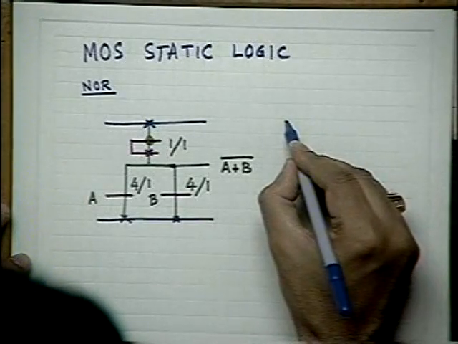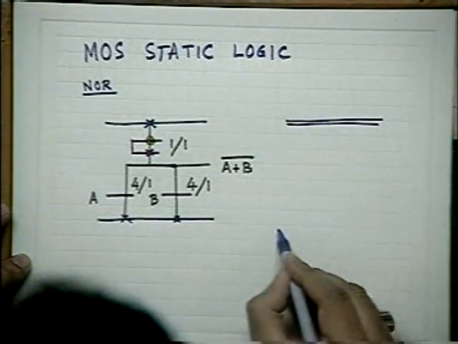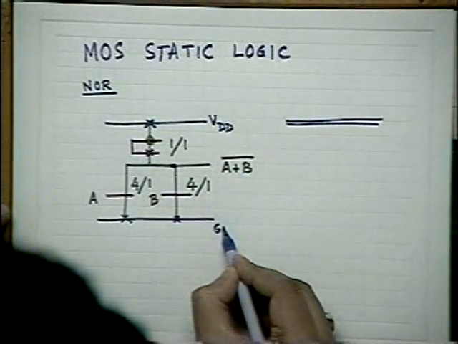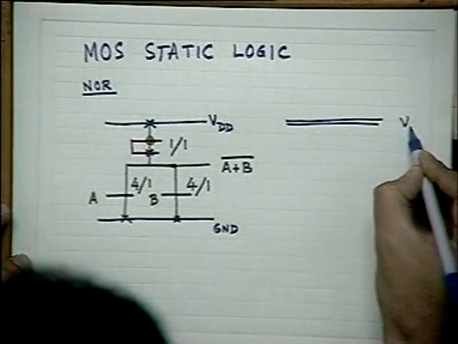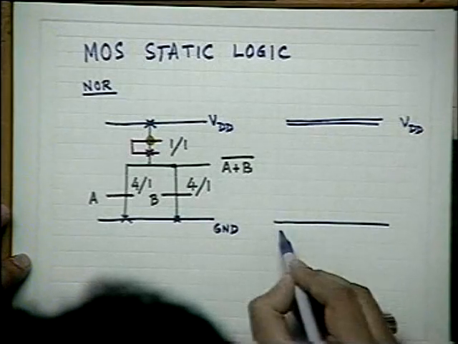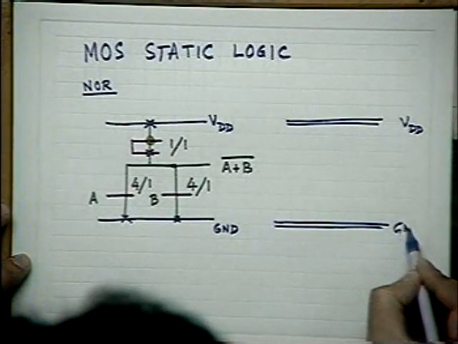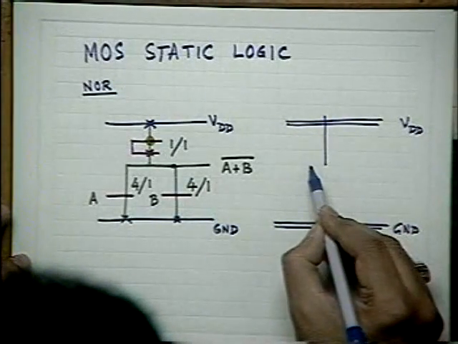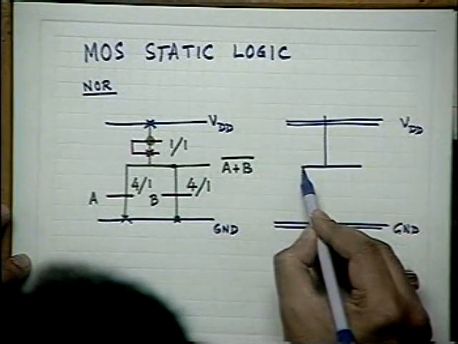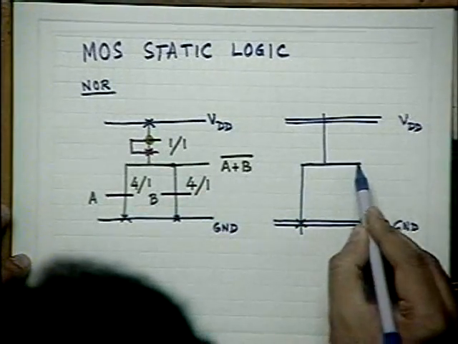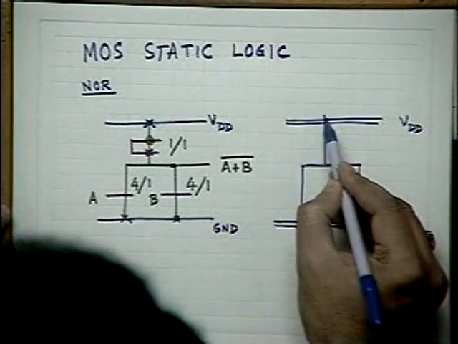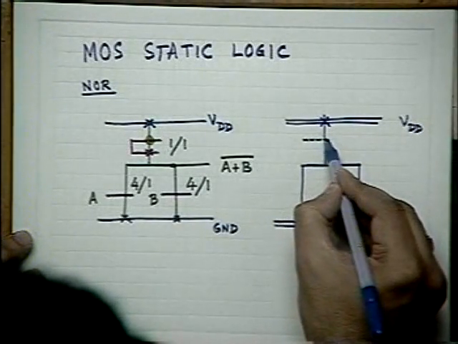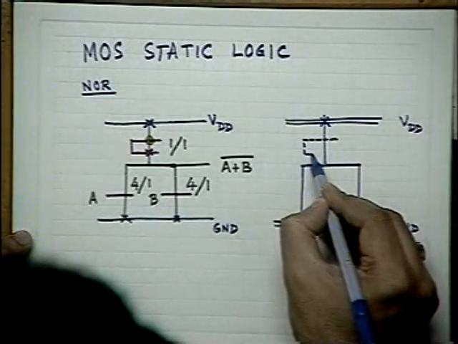Here the conventional thing is simply like this. This is the metal. Let me write: this is VDD, this is ground. Similarly, this is VDD, this is ground. And we are following a convention: the solid line is our diffusion, so it is like this, and the dashed line is poly according to that nomenclature.